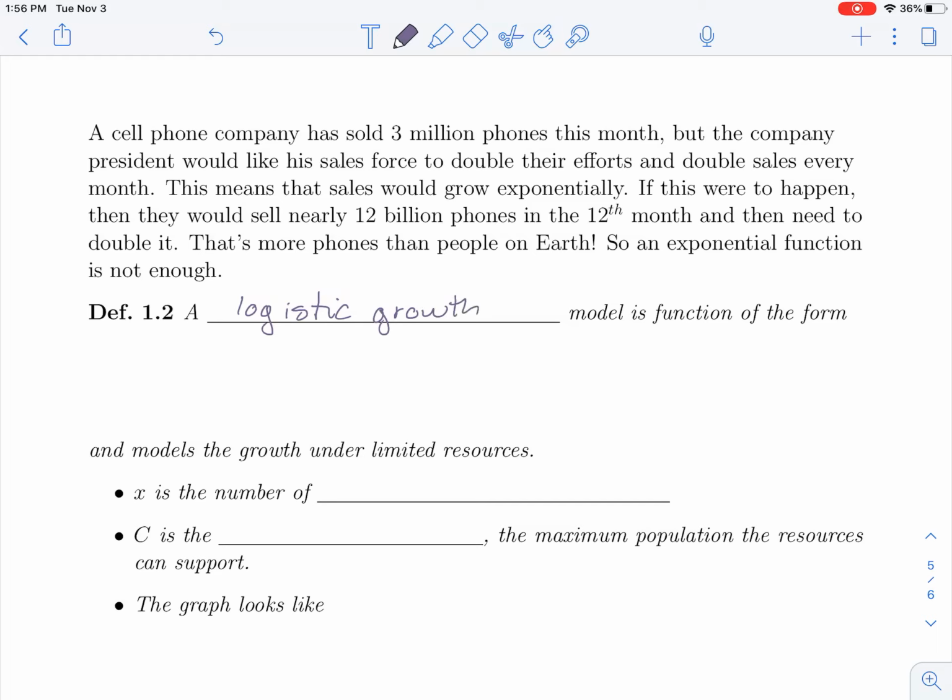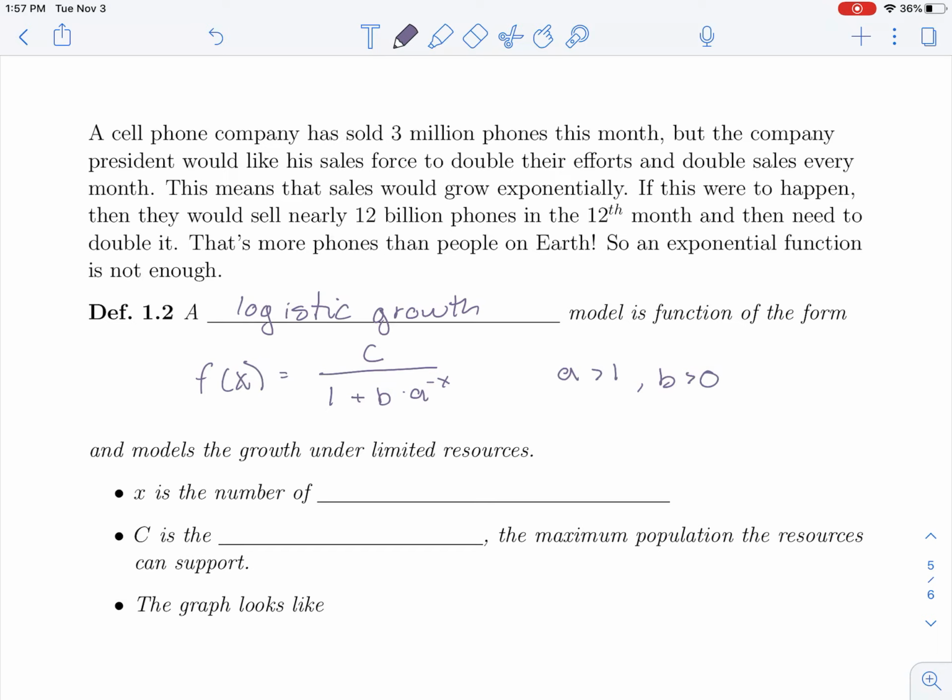It's a function of the form c divided by 1 plus b times a raised to the negative x. Only a is raised to the negative x, right? In this case, a is greater than 1 and b is greater than 0. And we'll talk about what all these things mean.